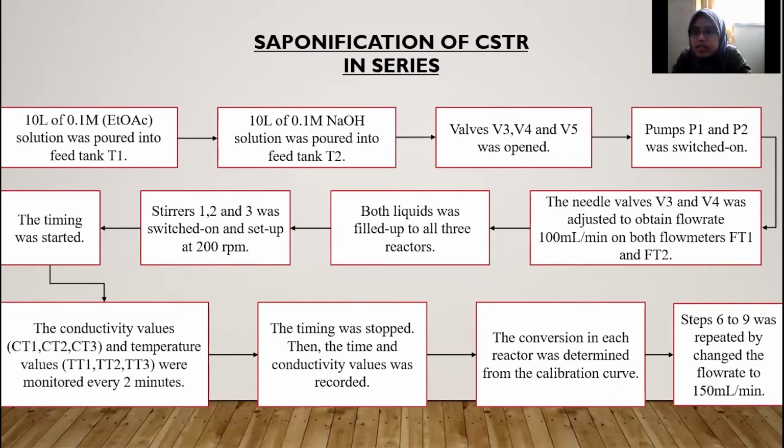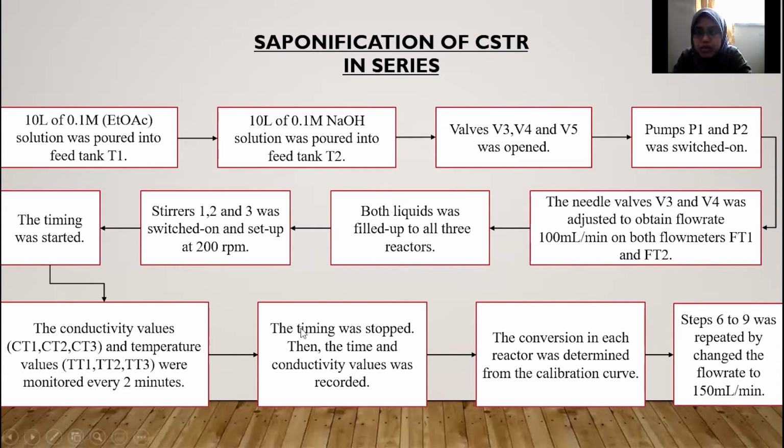Then the liquids fill up all 3 reactors. After that, we switch on stirrers 1, 2, and 3, and we set them at 200 RPM. Then we start the timing. After that, the conductivity values for CT1, CT2, CT3, and temperatures TT1, TT2, TT3 are recorded every 2 minutes.